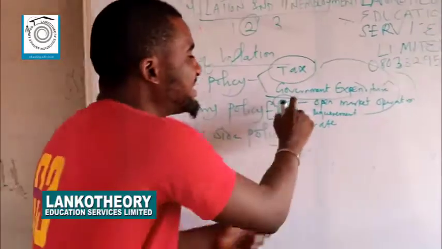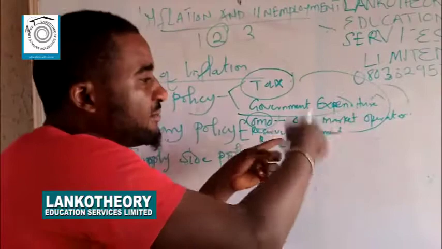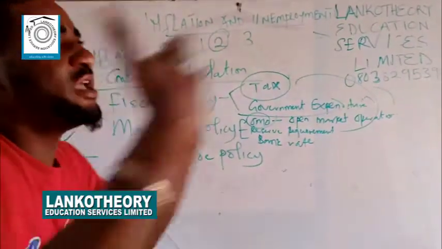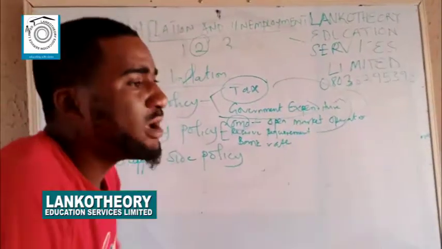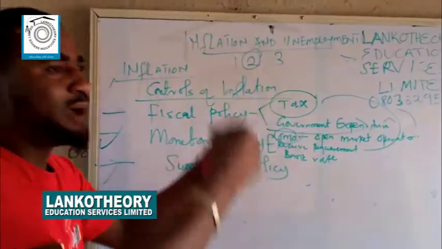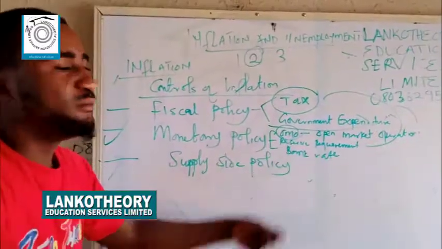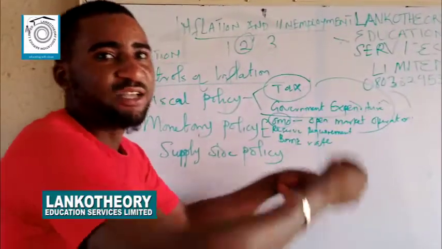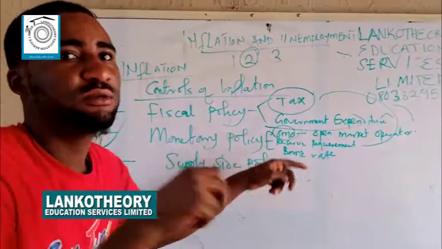That means if government is selling securities in the market, they are the one giving the buyer the securities, and what they will be collecting from the buyer is money. The collection of money from the buyer will tend to reduce the money at the disposal of the buyer, and as such inflation may be corrected.